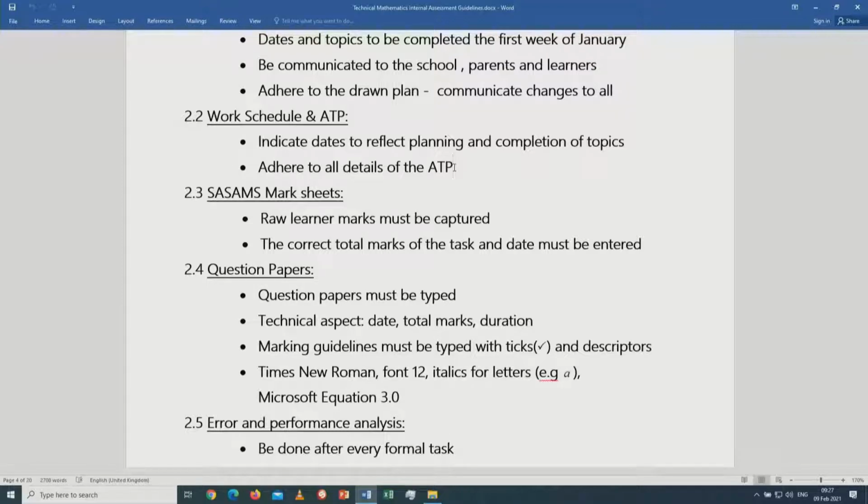It says first principle, but when you go to the policy document, it outlines that you do first principle, only linear functions. So it's important that you align yourself with the policy document. Please check your ATP, check with your schedule, and again, it's important that you keep on checking what does the policy say on that topic.